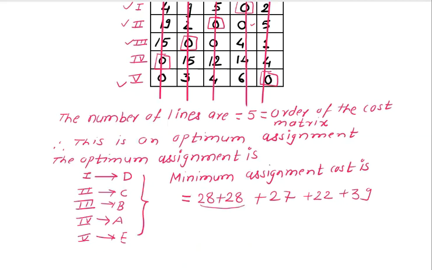Now 28 plus 28 is 56. Then 27 plus 22 is 49. And last is 39. So 144 is the cost. This is the smallest cost of performing all the 5 jobs on 5 machines obtained by using the Hungarian method.